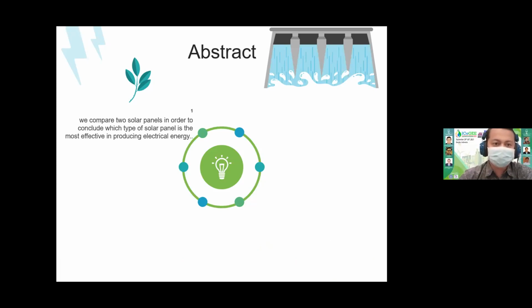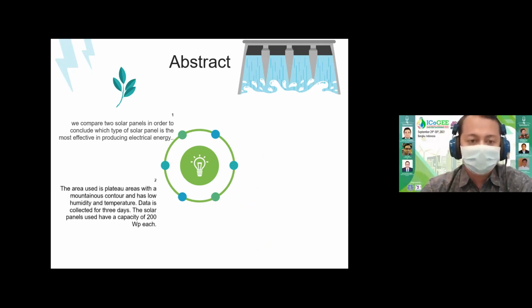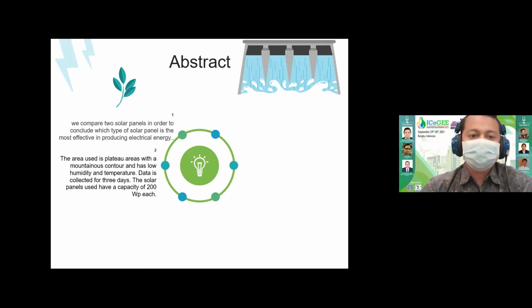In the abstract, we compare two solar panels in order to conclude which type is the most effective in producing electrical energy. The area used is a plateau area with mountain contours and has low humidity and temperature.